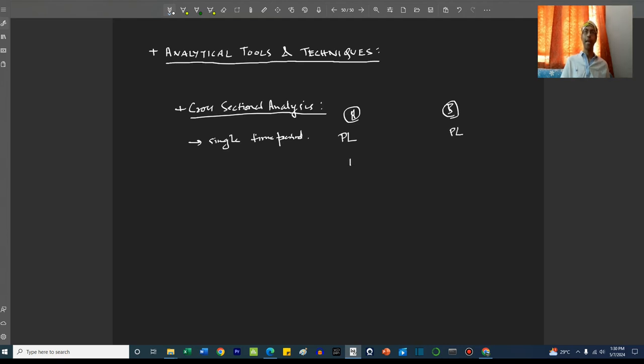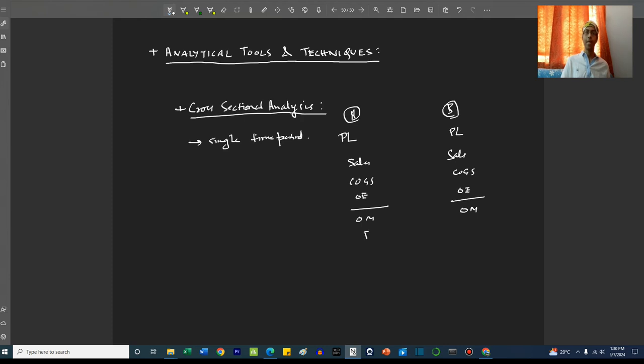We have net income, we have sales, cost of sales, other expenses, operating margin on both sides: sales, COGS, other expenses, operating margin.